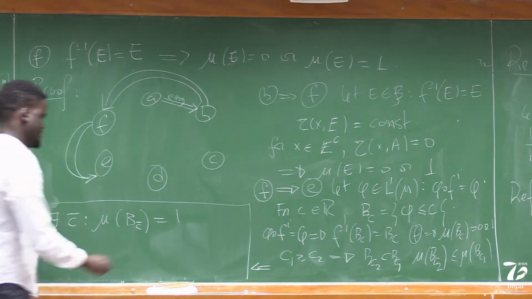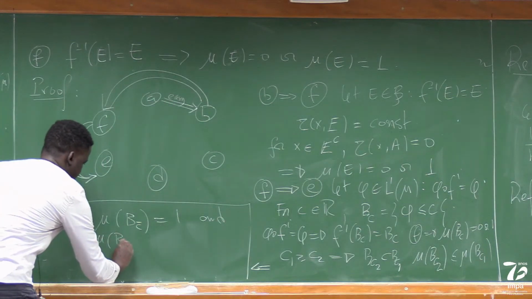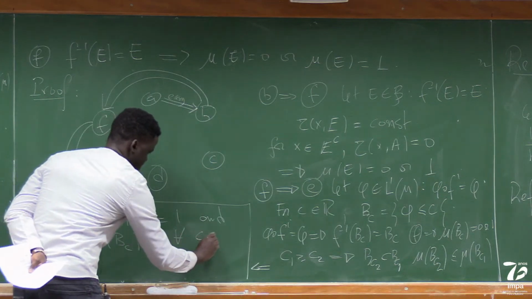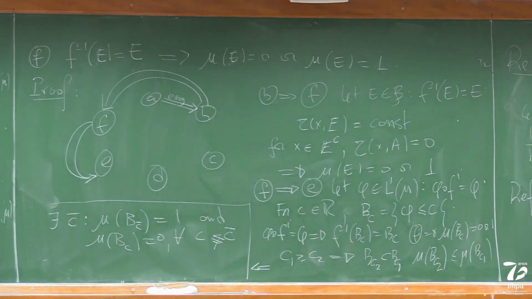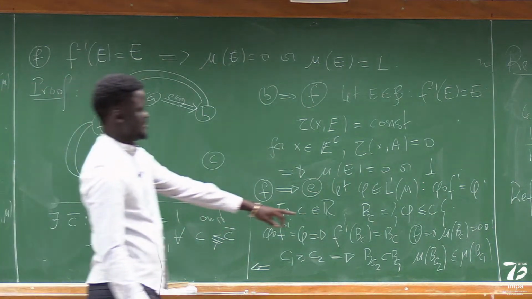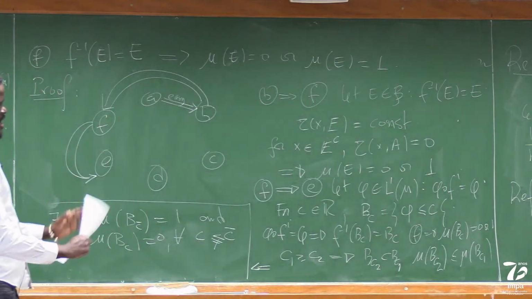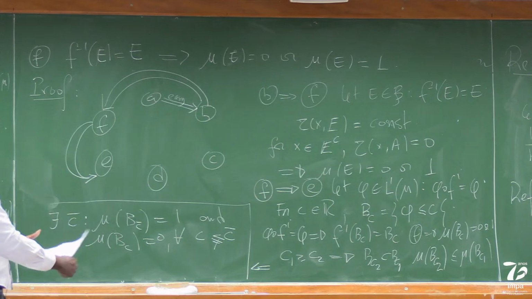And mu of b c is 0 for all c strictly less than C bar. Okay. And this would imply that, and you can check that by definition, phi is exactly C bar, because after C bar, that set has measure 0.